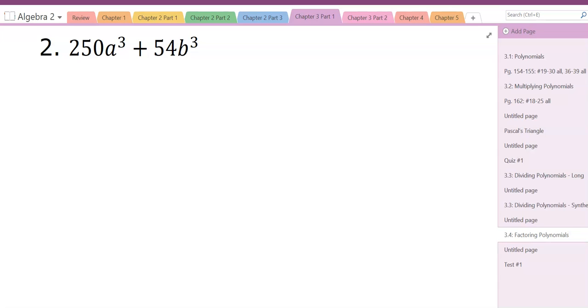If I do the third root of 54, the same thing happens. I get another not great number, 3.77976315. Okay, so what does that tell us? Right now, these numbers are not perfect cubes. So I'm going to try to take something out to get them to be perfect cubes.